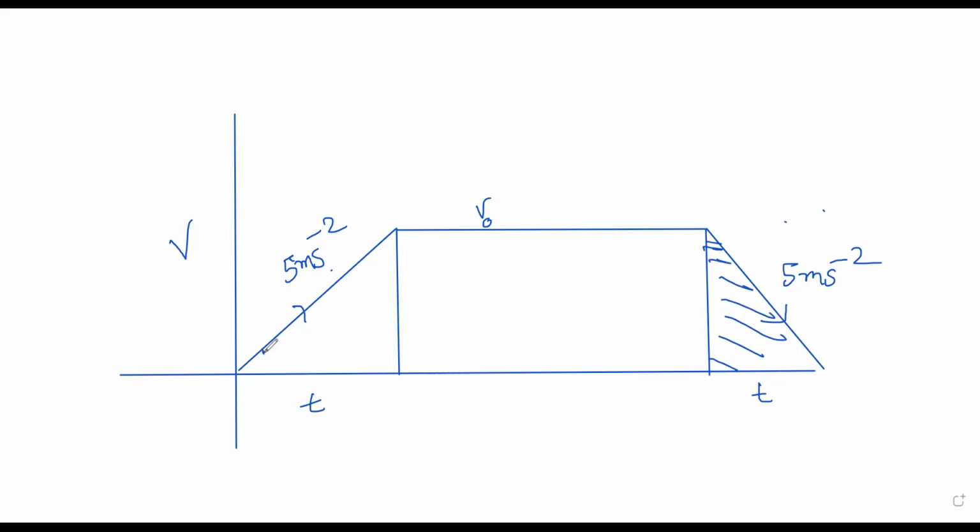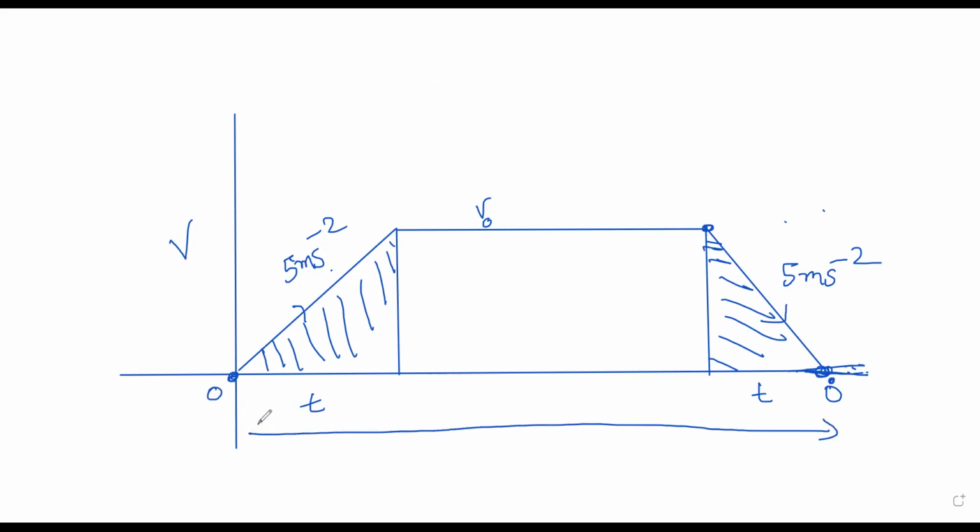Like here, it accelerated to reach the velocity v naught, it took a time of t. From v naught to rest, it will take the same amount of time t. And what is the crux of this problem is, the total is 25 seconds.